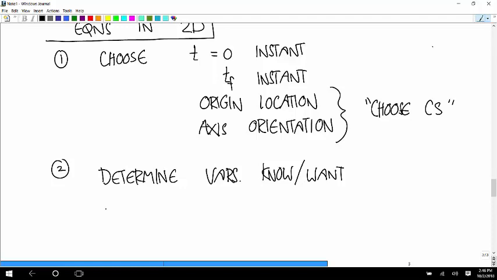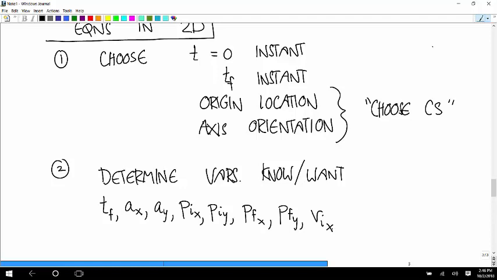So now we have time final, AX and AY, PI, X and Y, PF, X and Y, VI, X and Y, and VF, X and Y. 1, 2, 3, 4, 5, 6, 7, 8, 9, 10, 11.